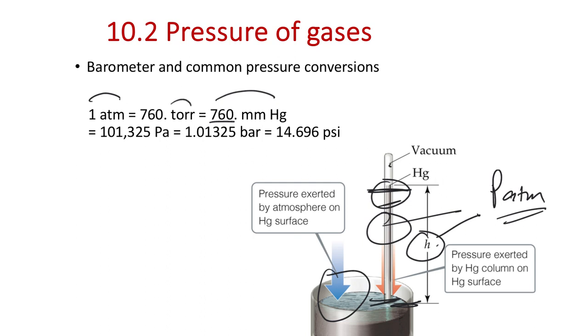And then the unit torr is a synonymous unit that you also see used, where 1 torr is 1 millimeter of mercury. And so standard atmospheric pressure is exactly 760 torr. And so 1 ATM, just to make sure we're clear here, is exactly 760 millimeters of mercury. So that's an exact conversion.